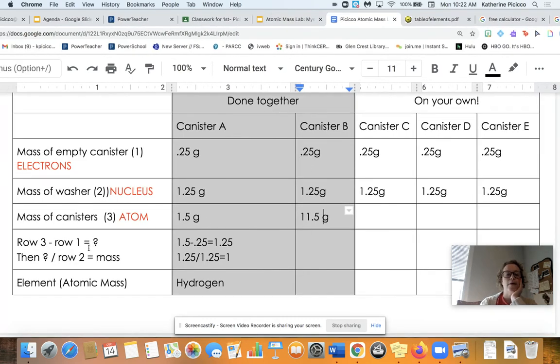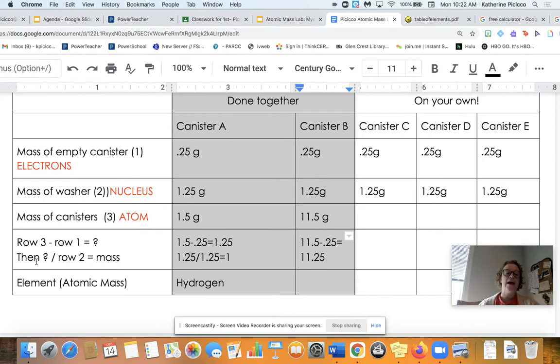We're going to start by doing the next part, row 3 minus row 1. So here's row 3, 11.5, minus row 1, 0.25. Okay, and if we get that, we get eventually an answer of 11.25. We still have one more thing to go, right?